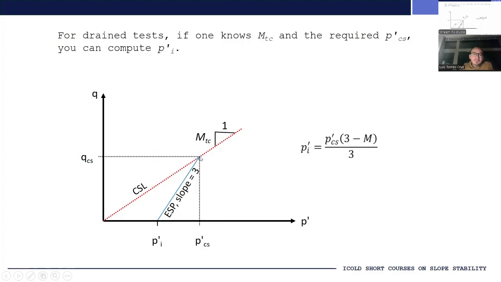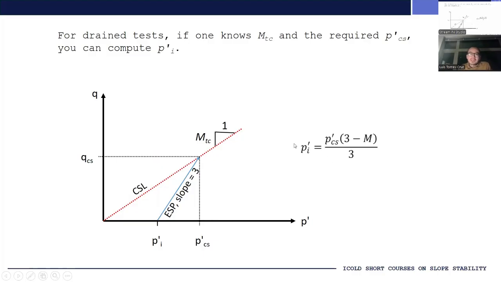So you know that if you want to reach this point over here, which in this case would be 400 kilopascals, then that is going to inform the initial value of P prime at which you need to set up your triaxial test. And this is the equation that you can use to calculate it, right?